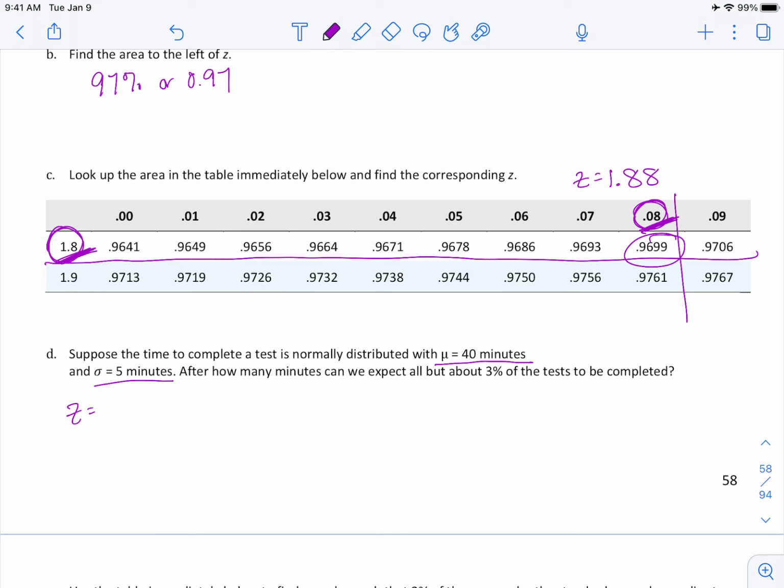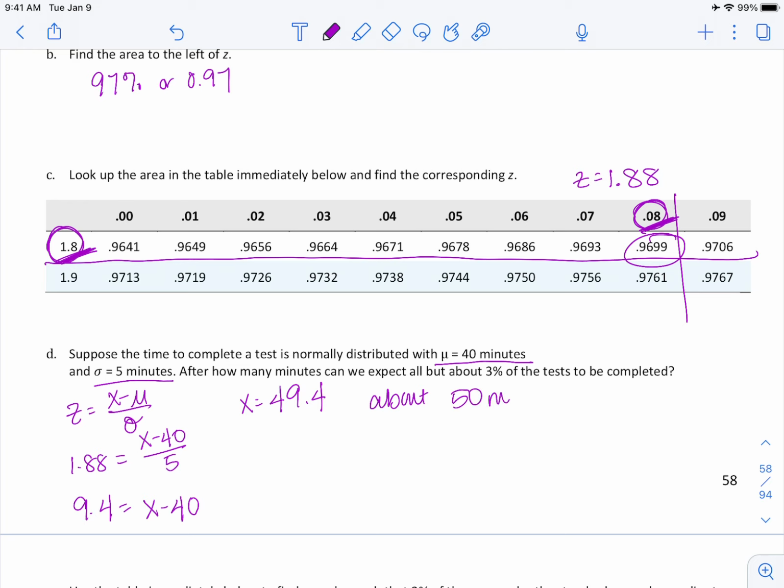Okay, so we have z equals x minus mu over sigma. 1.88 is equal to x minus 40 over 5. Multiply by 5, we have 9.4 equals x minus 40. Add our 40, and we get x is 49.4. So this is about 50 minutes.